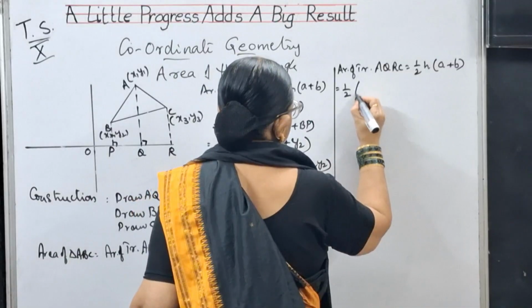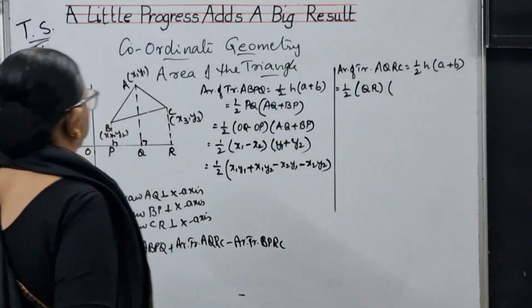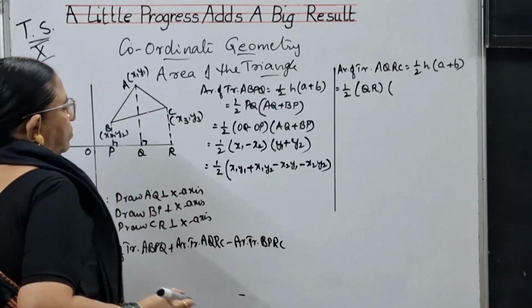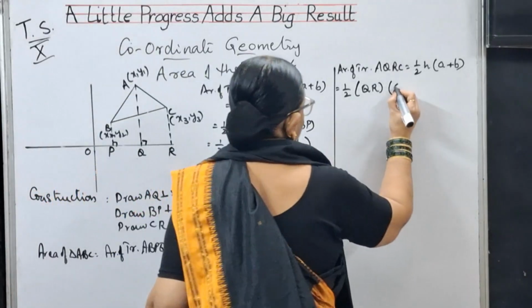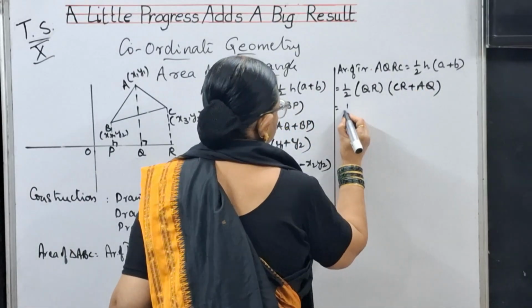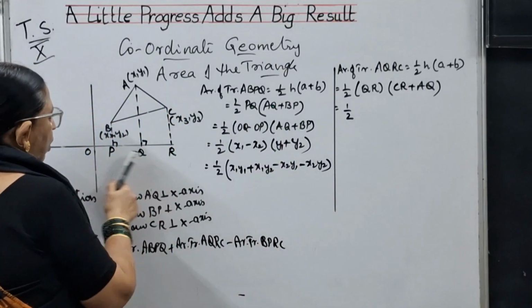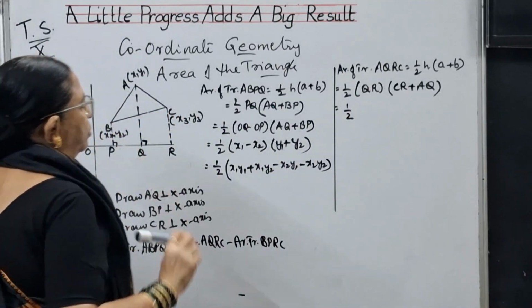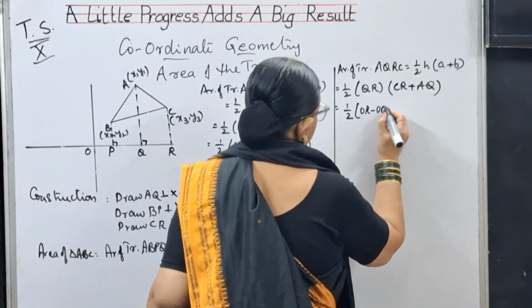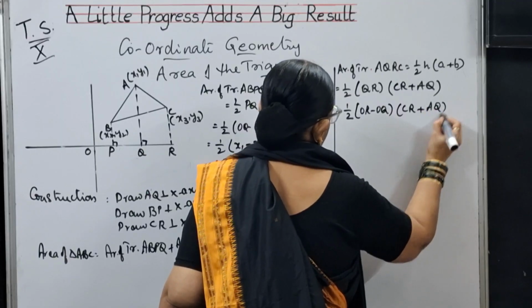Half into QR into the parallel sides CR plus AQ. How do you get QR? OR minus OQ. So this is half into OR minus OQ into CR plus AQ.